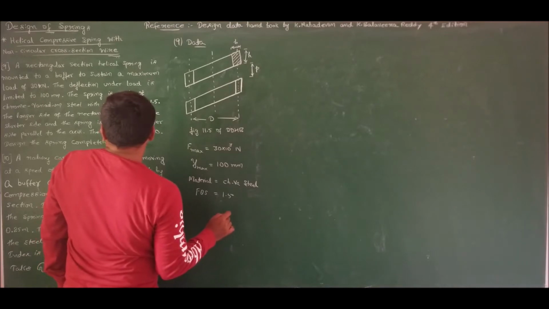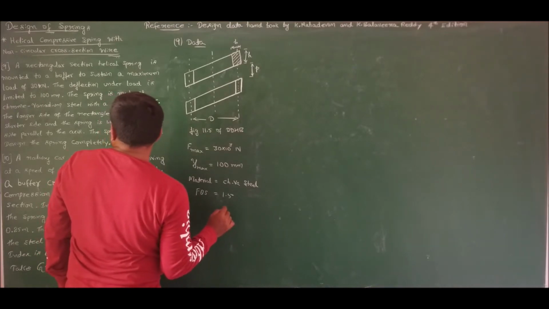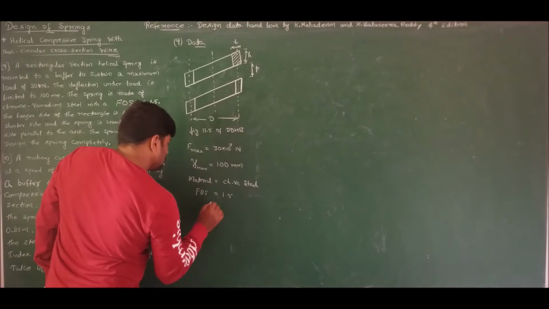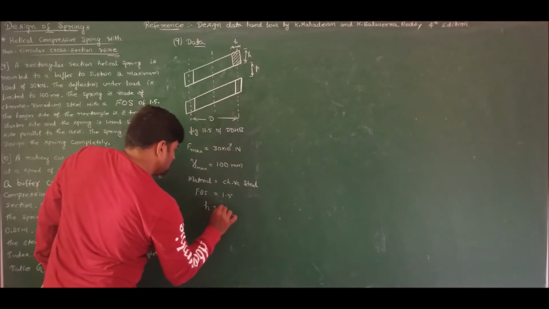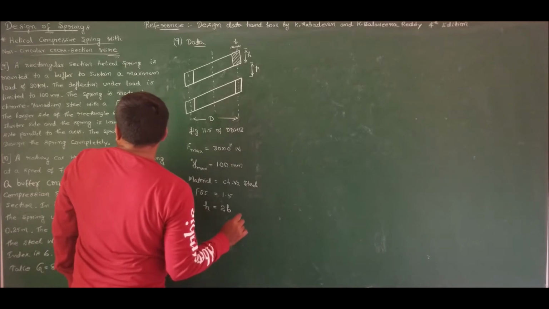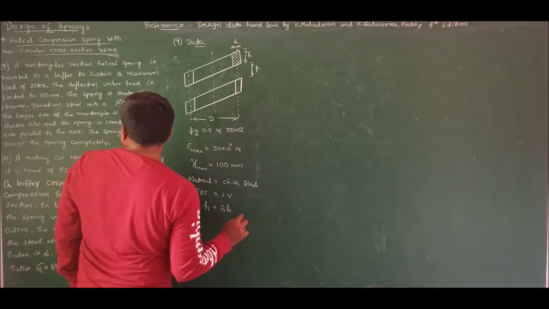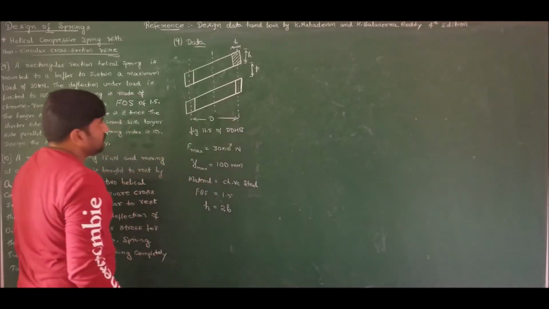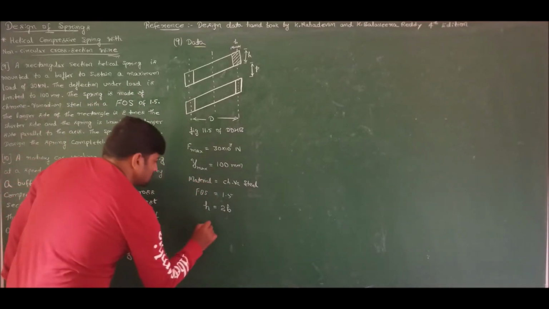The longer side of the rectangle is 2 times the shorter side, so the longer side H is equal to 2 times the smaller side, small b. The spring is wound with longer side parallel to the axis. The spring index is 10. Design the spring completely. So let's denote the spring index as C.